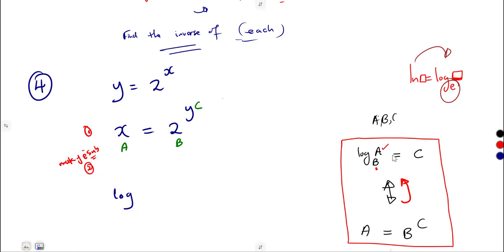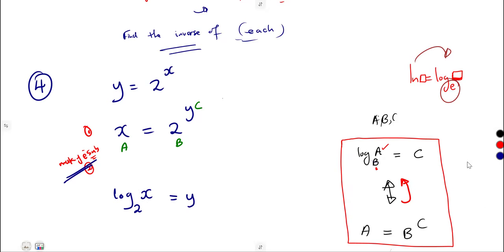So it is the logarithm of a, the logarithm of x, in the base of b. What is our b? Our b is 2. It must give us c, where our c is y. Guys, look. Log x base 2 is equal to y. y is the subject.